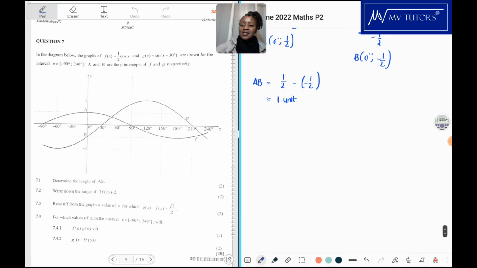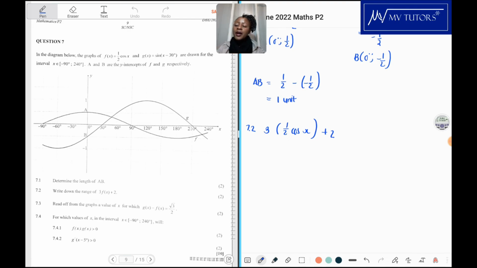Then 7.2, it says write down the range of 3 times f of x plus 2. So 3 times f of x. What is f of x? F of x is a half cos x, and we are adding 2. Basically, your amplitude has been magnified by 3.